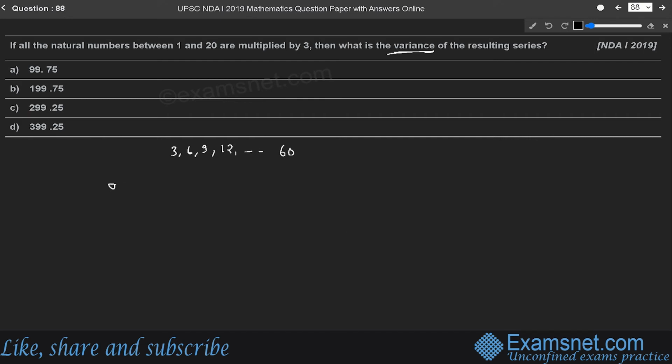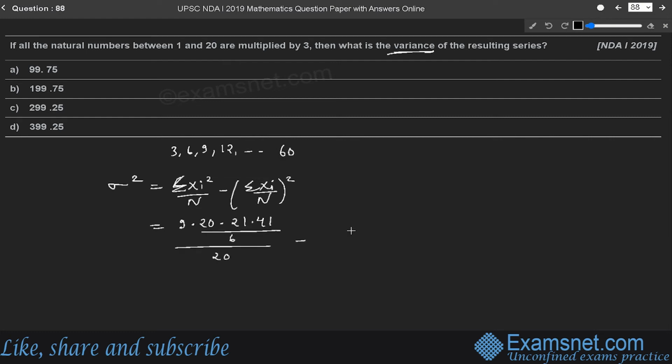And we know that variance is standard deviation square, means sigma square. It is given by summation of xi square upon n minus summation of xi upon n whole square. Now putting the values, we will get 9 into 20 into 21 into 41 upon 6 upon 20 minus 3 into 20 into 21 by 2 upon 20 whole square.